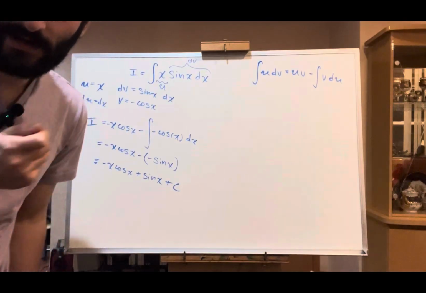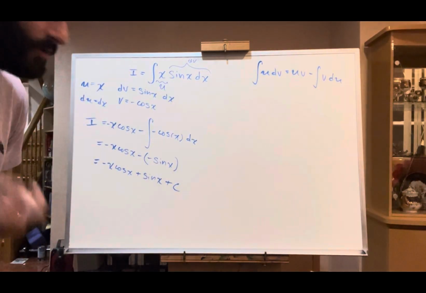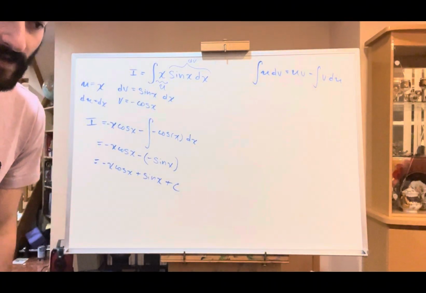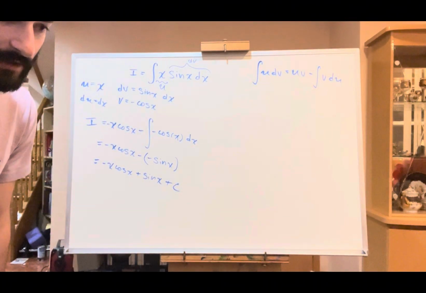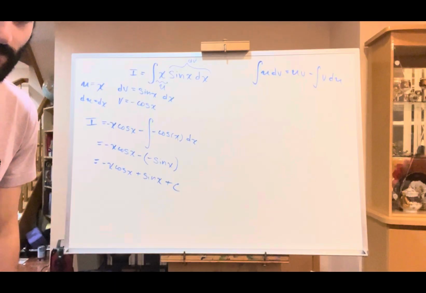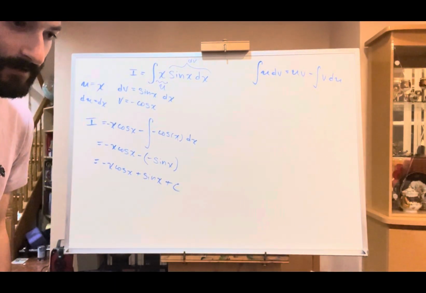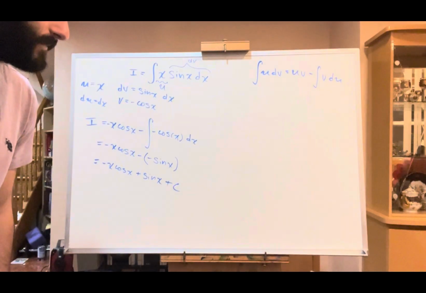Okay, why did we review this? You know this. The reason we reviewed this is because I hear many of you don't know of or refuse to use tabular integration, or the DI method.